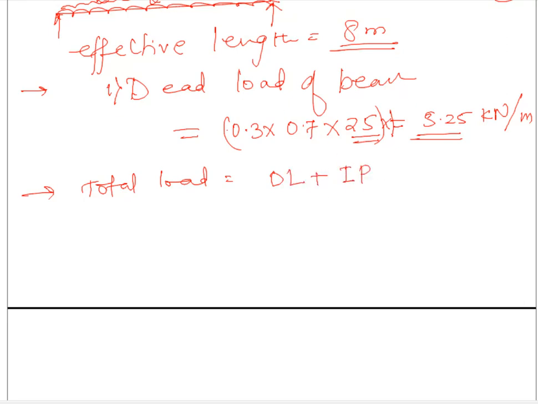Imposed load is 35 kilonewton per meter. Dead load is 5.25 plus 35, which equals 40.25 kilonewton per meter.